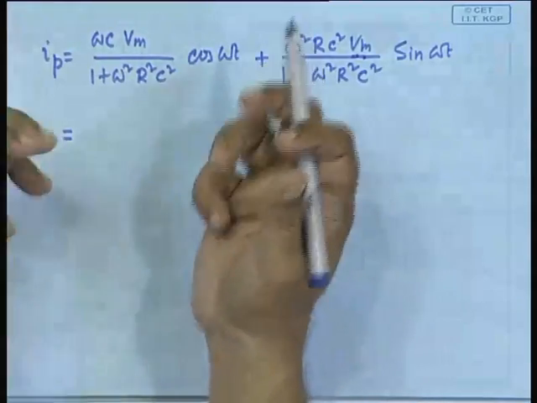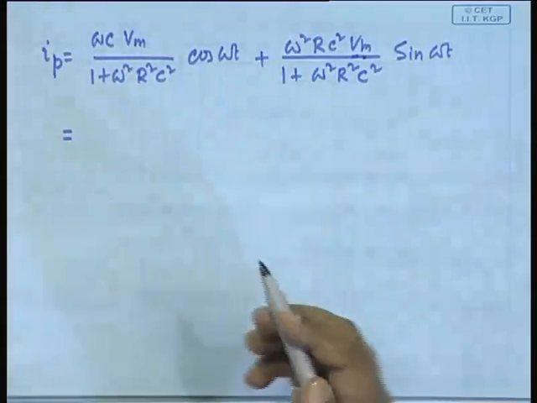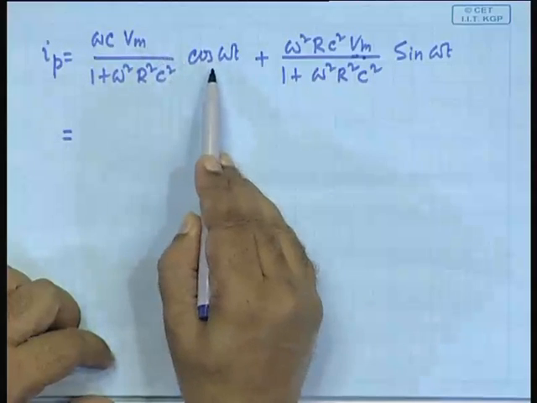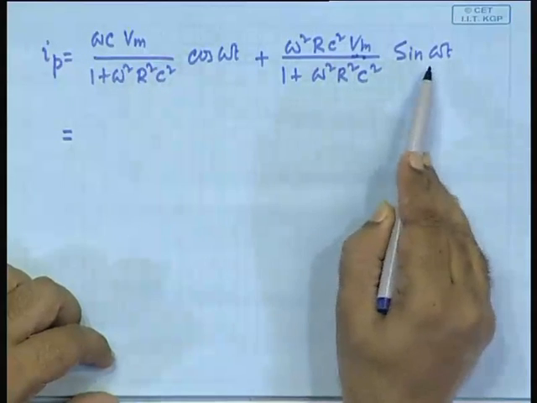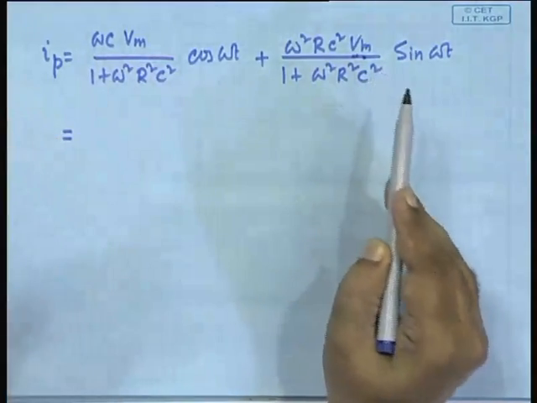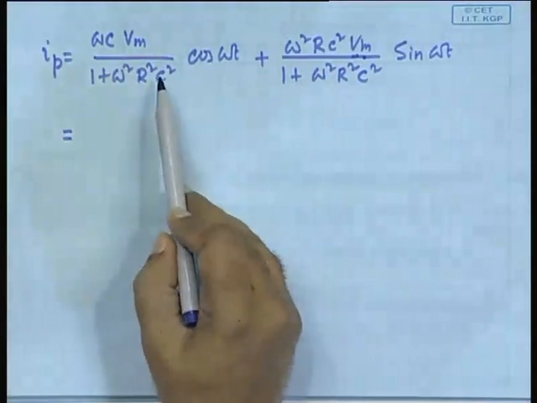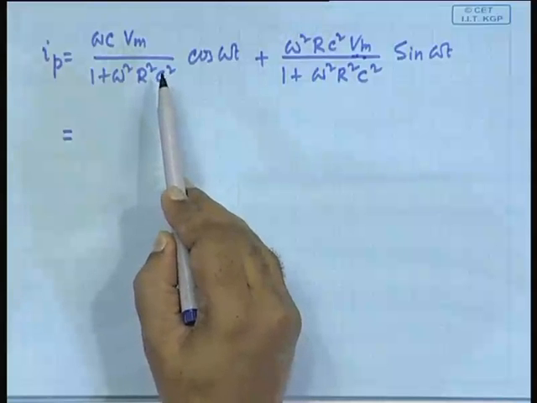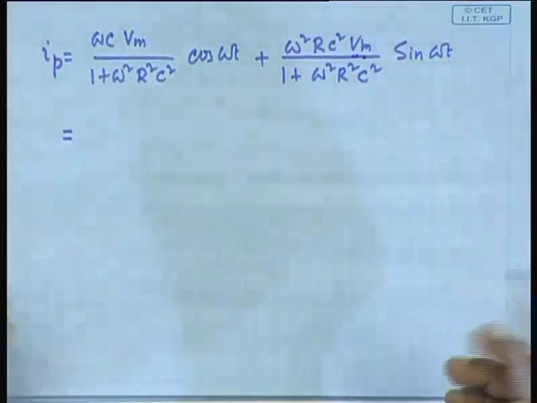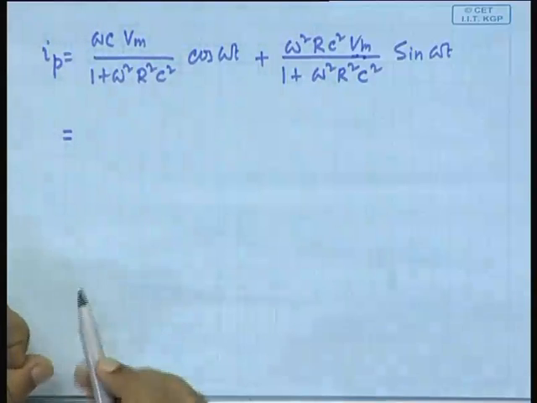So, we need to get something out. It has to be something cos omega t and something sin omega t, and those somethings should be expressible in the form of cos theta cos omega t, sin theta sin omega t, then it gets in that form. Okay. So, try to express in that form.